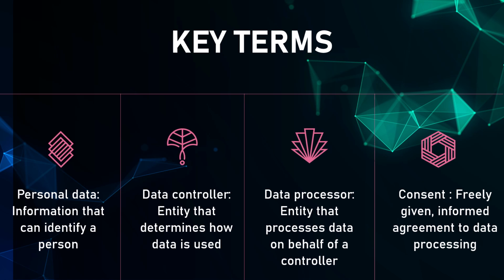And then, of course, we have the data processor, which is an entity that processes data on behalf of a data controller. So this entity or individuals, their work is to take instructions from the data controller on how they're meant to process the data subject data.